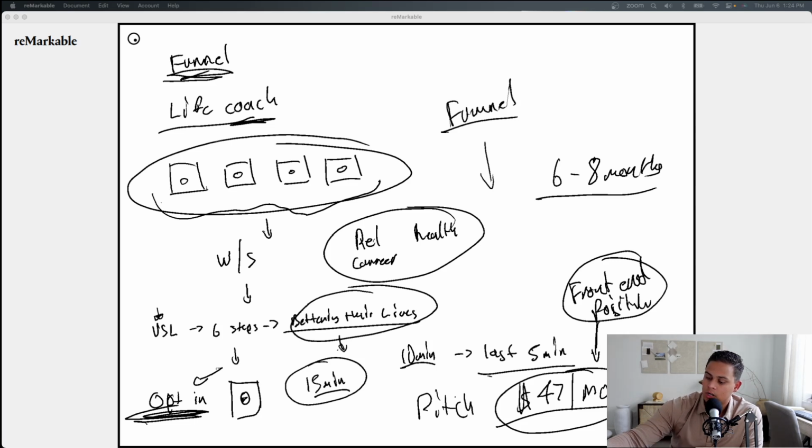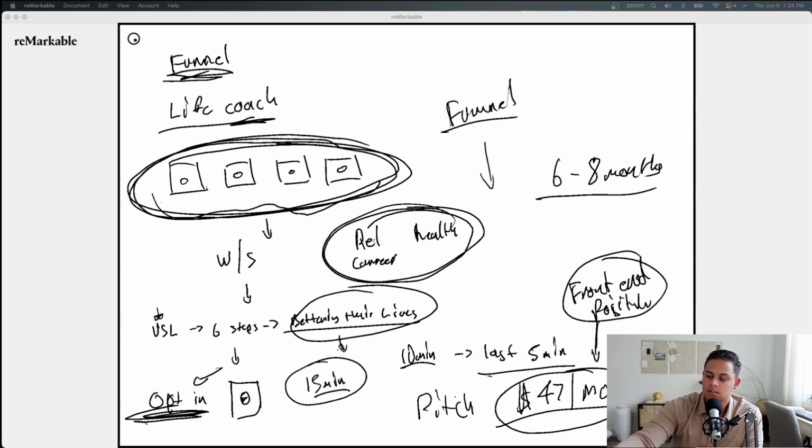But the crux of it all, the reason why we spoke about all this, was because we want to create irresistible lead magnets. So we created a lead magnet that was a VSL teaching them exactly how to solve the problems that they want to solve. And we knew that because we know exactly who the audience is.